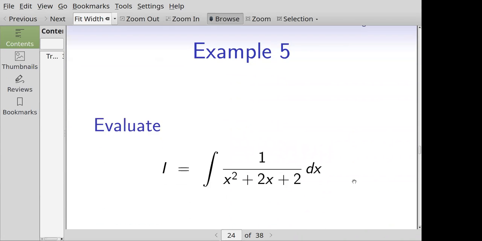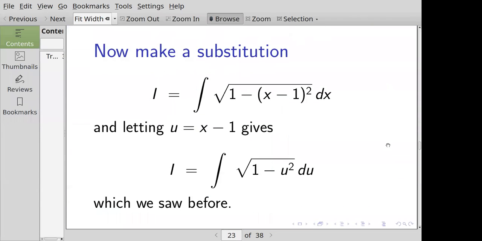All right. What about this one? Example 5. You have I equal to the integral of 1 over x squared. Yes, Basit has a question. Sir, in the last slide, we just changed x minus 1 whole squared to u squared, and then we changed dx to du, right?